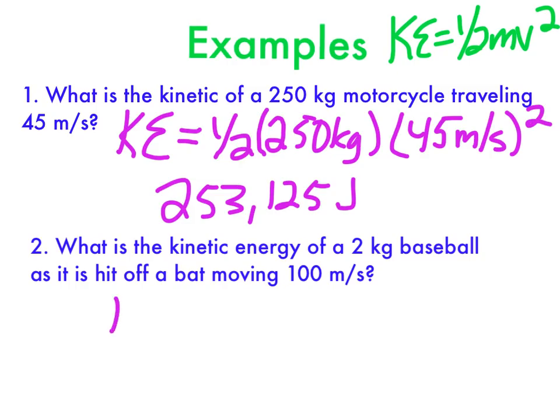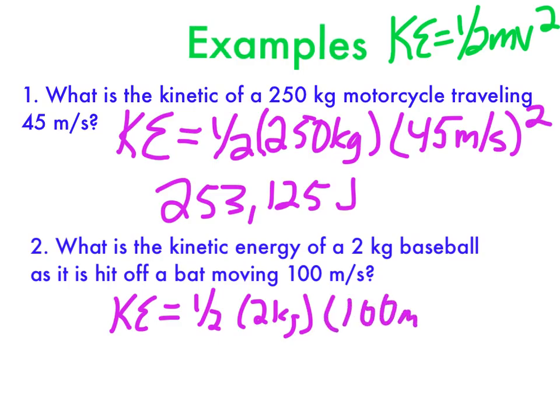So we're going to have kinetic energy equals 1/2, and this time our mass is only 2 kilograms, and our velocity squared is 100 meters per second squared. So then we plug that into our calculator, and this time we're going to get 10,000 joules. Now that makes sense because a baseball is much, much smaller than a motorcycle, so even though it's hit very hard, it's going to have much less energy.